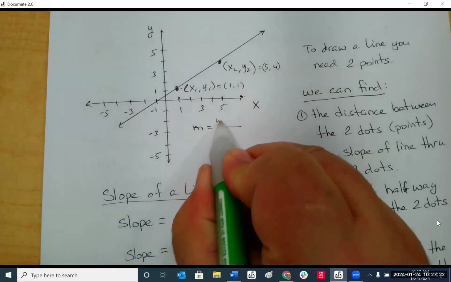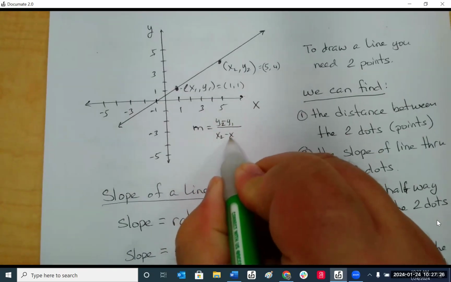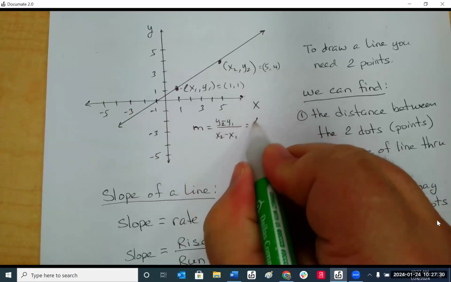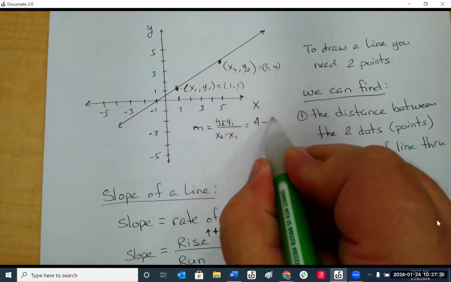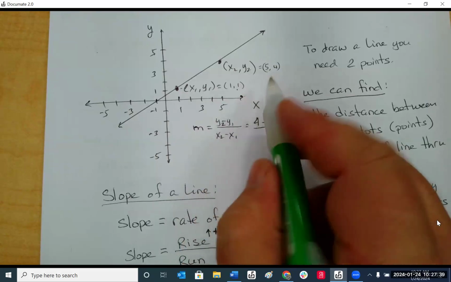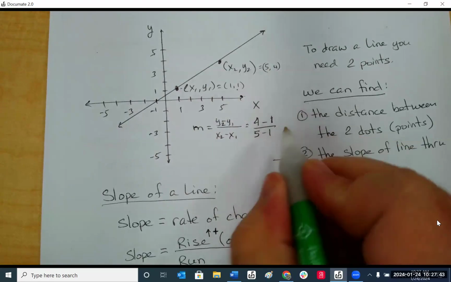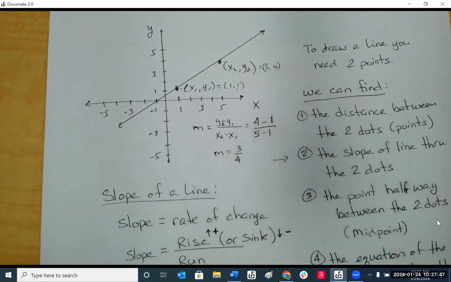What's y2 minus y1, x2 minus x1? What is y2? 4. What's y1? 1. X2 is 5. X1 is 1. So our slope here is 3 over 4.